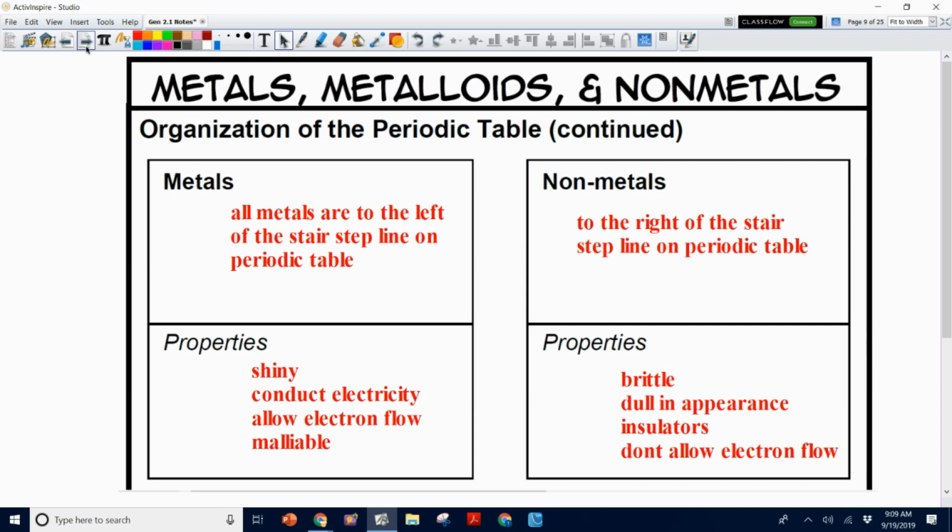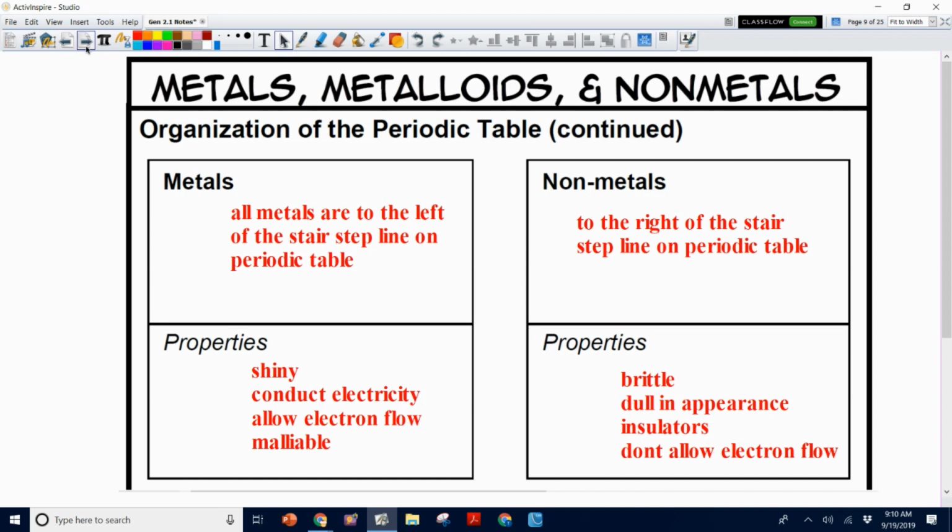Think about a blacksmith. What is the hammer called that the blacksmith holds and bangs the metal with? It's called a mallet. So think of the blacksmith hammering the metal. It's malleable. All metals are to the left of the stair-step line on the periodic table.